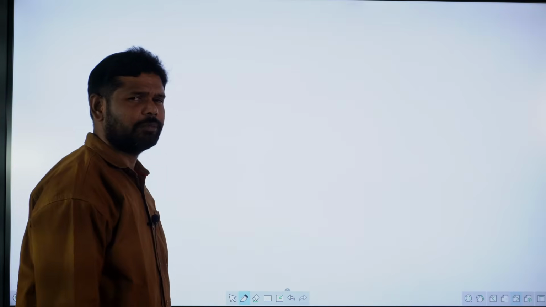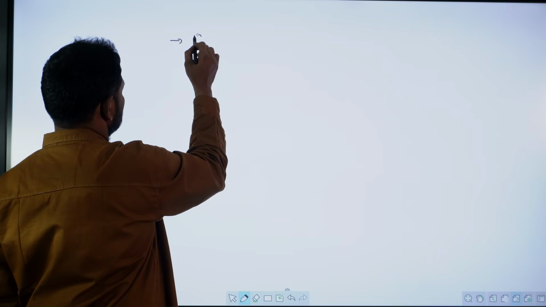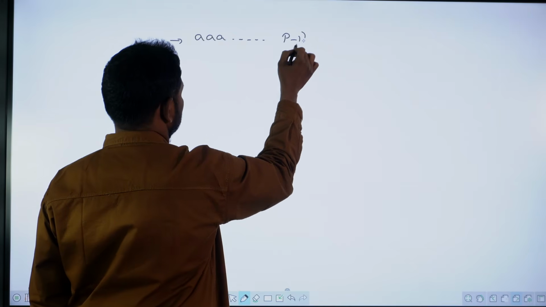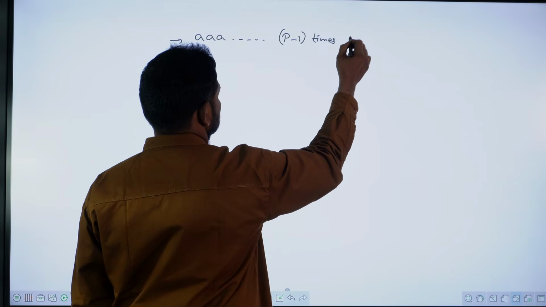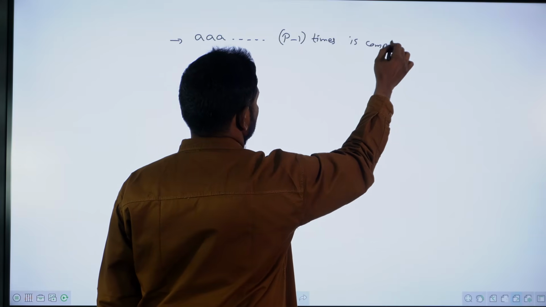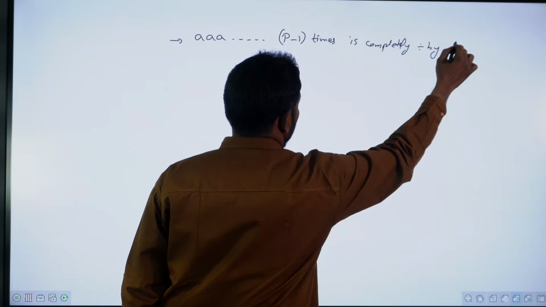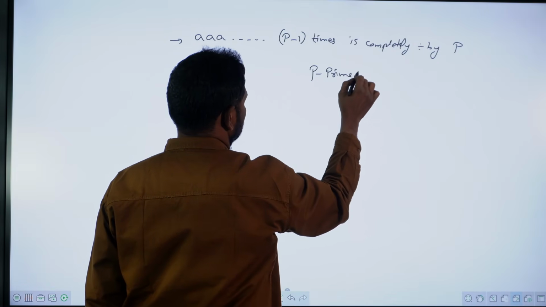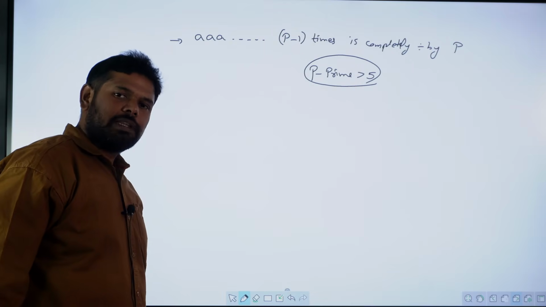Now, one more statement. Suppose any digit A is repeated P minus 1 times; it is completely divisible by that P. Here P is a prime number greater than 5, meaning 7, 11, 13, 17.